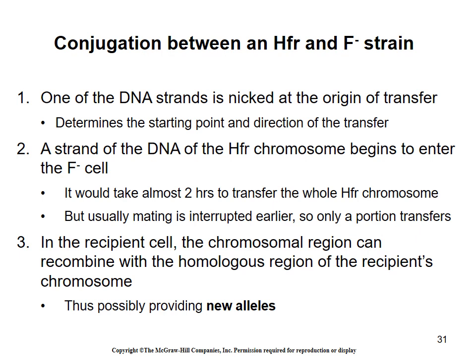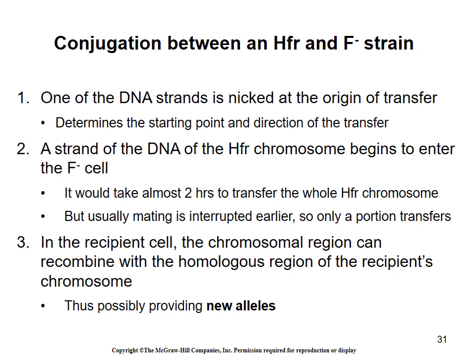It says that one of the DNA strands has to be nicked at the origin of transfer, and the origin of transfer is basically your starting point. This will indicate the direction of the piece of DNA that will be removed and eventually be transferred.